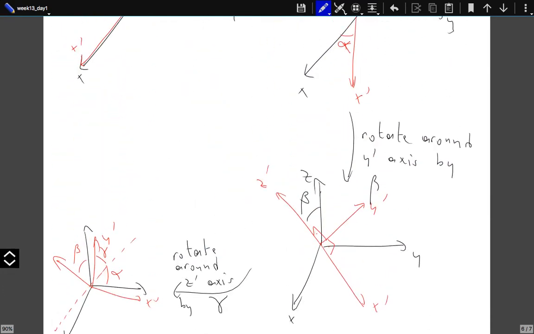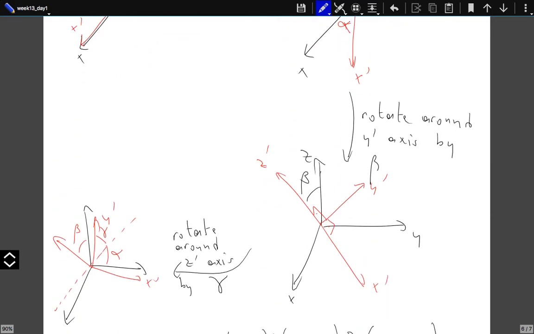I basically do the same thing. So you see here, this is how we obtain the angle beta by rotating around the y prime axis. Now, to consider a rotation around the z prime axis, what I do is I first consider a passive transformation around the y prime axis, so that I'm actually rotating my coordinate system so that z aligns with z prime.